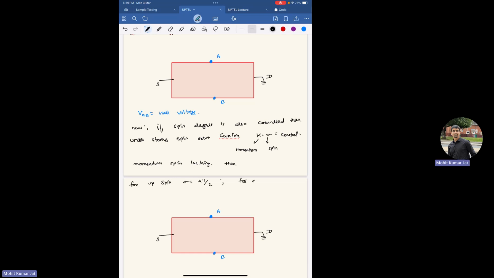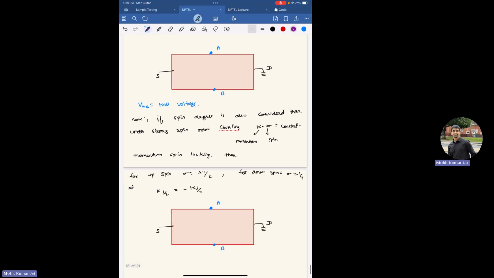For down spin, sigma equals minus half. This implies k with plus half will be minus k with minus half. So if the up spins are moving like this, they will drift on this side, and the down spins will drift on the other side.